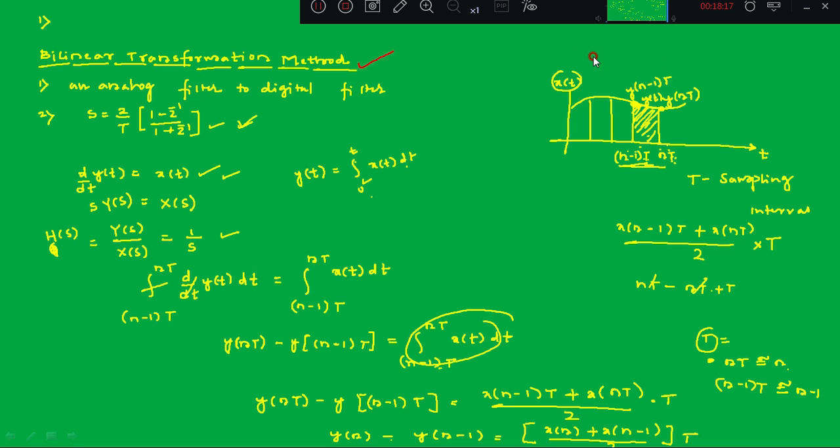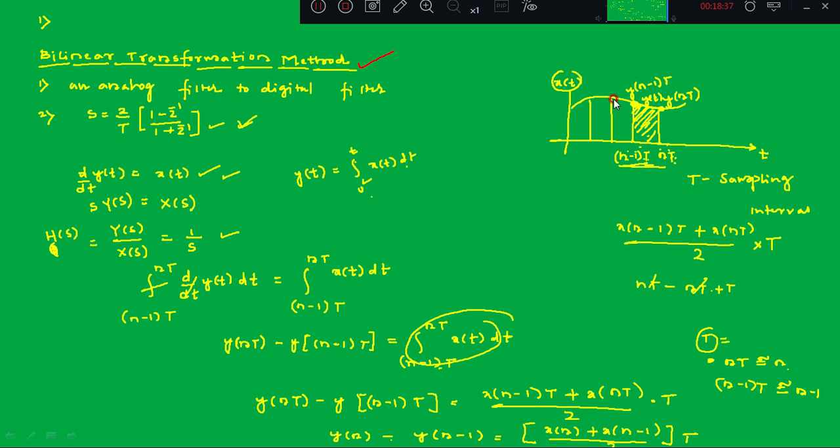Now let us consider a continuous time function x of t which varies continuously with respect to time t. Understood? Then we have to find the area under this curve, that is considered as y of t, right?